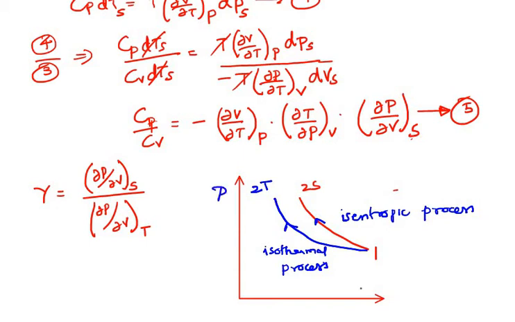So here pressure and here volume. If I take the slope of this curve, slope m is equal to tan theta is equal to dy by dx.